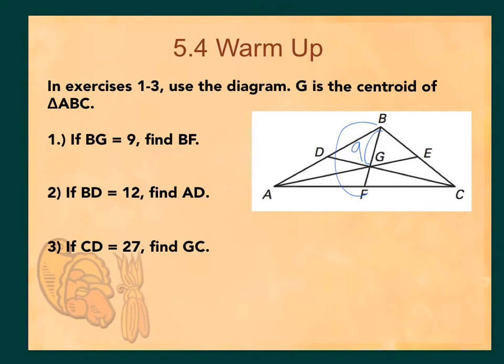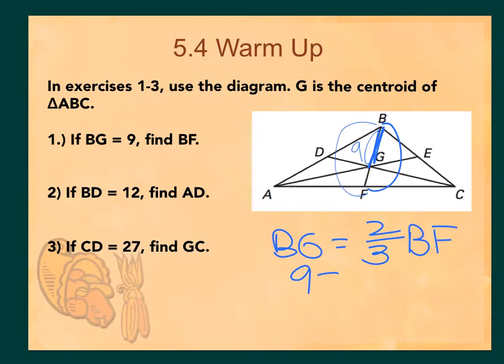You can multiply. That's one way to do it, which I would multiply by what? So if this segment is 2/3 the length of the whole thing, right? BG equals 2/3 the length of BF. Then 9 equals 2/3 the length of BF, which would mean I'd have to multiply by what?